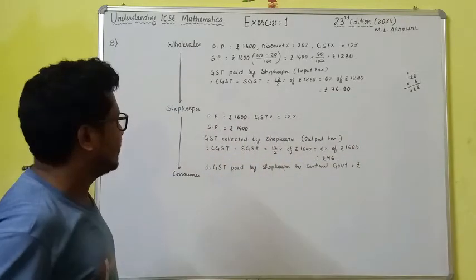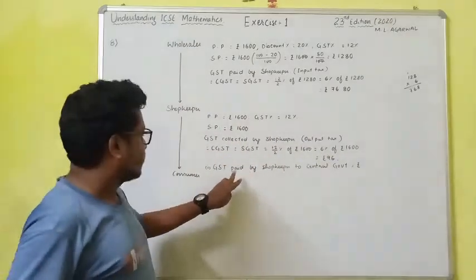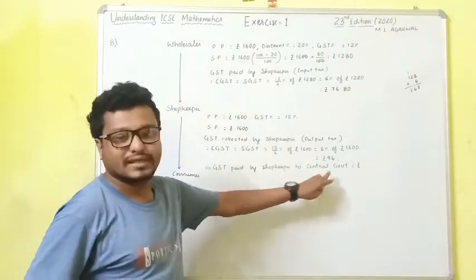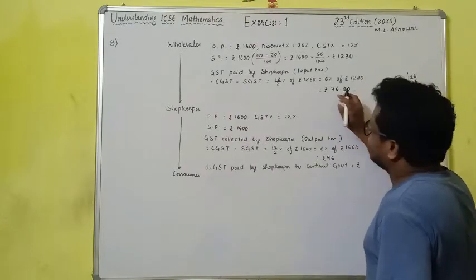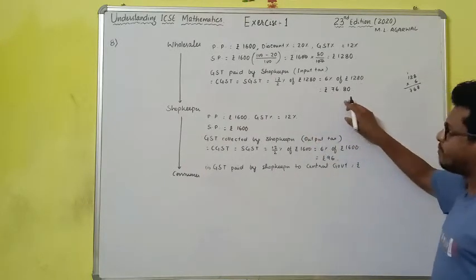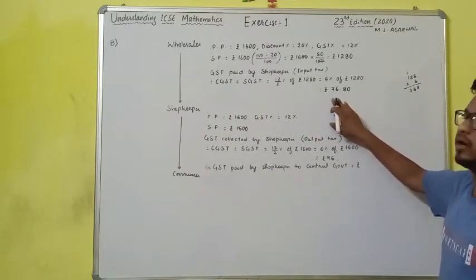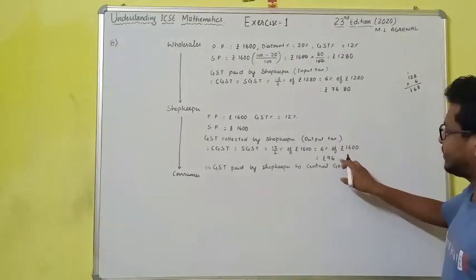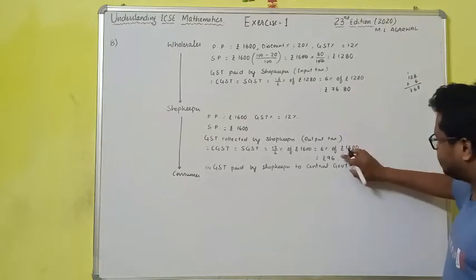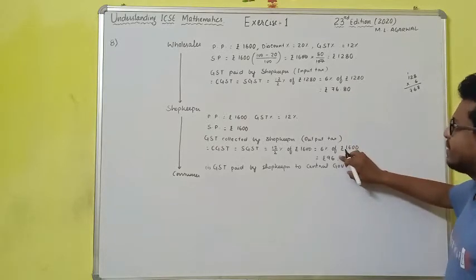What will be paid by the shopkeeper to the central government? See here, whatever amount is collected will go to the central government. So here the shopkeeper pays only rupees 96 collected here.